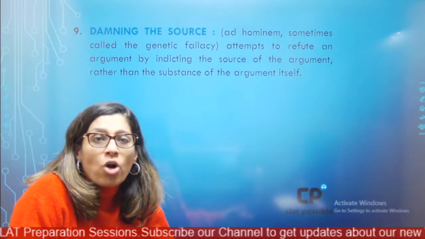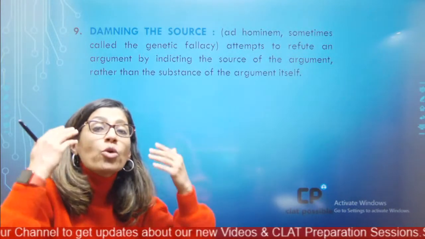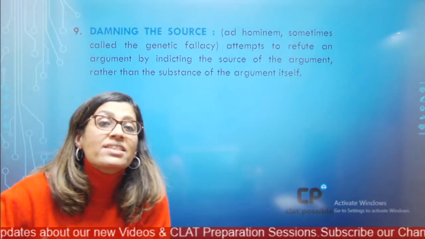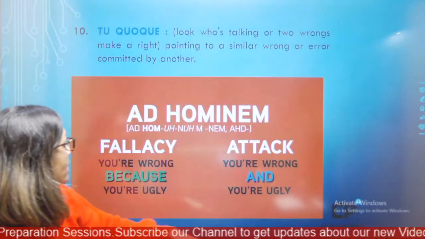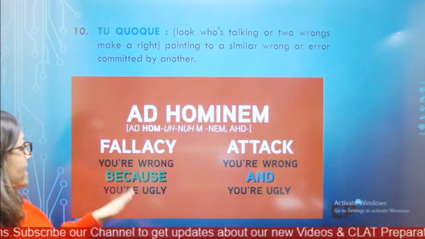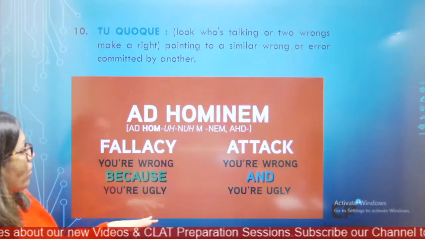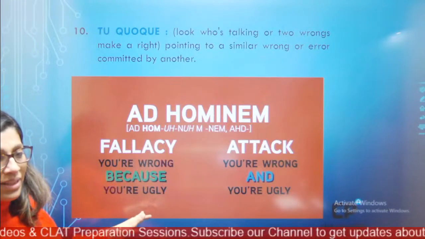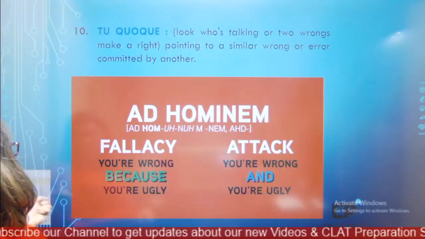So this is completely wrong. You're attacking the person. You have to attack the argument. You have to say you are wrong because your argument says this, this, this. You don't have to say that, boss, your face is a fallacy. It's actually a funny meme. So this is completely wrong.